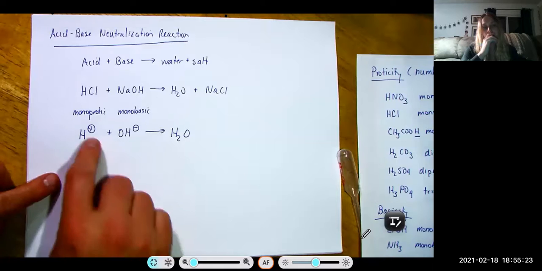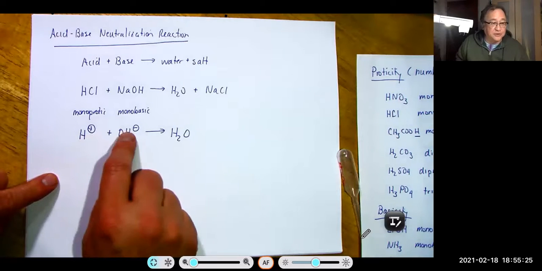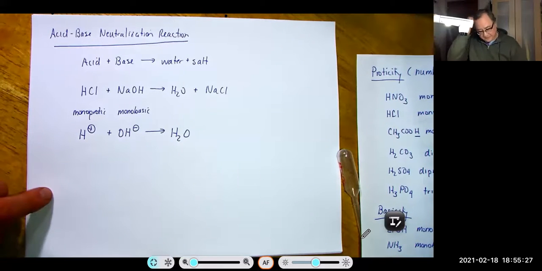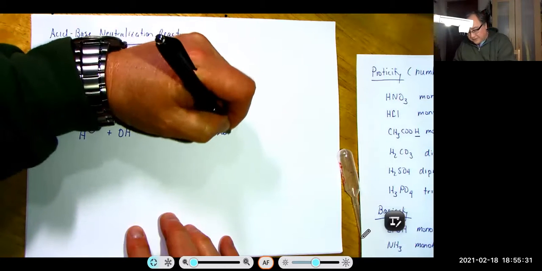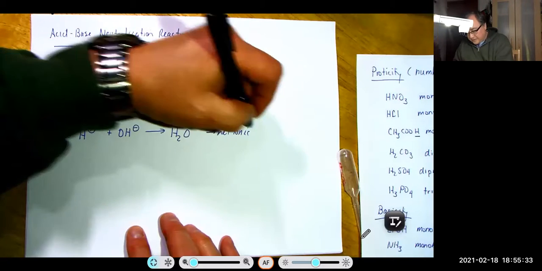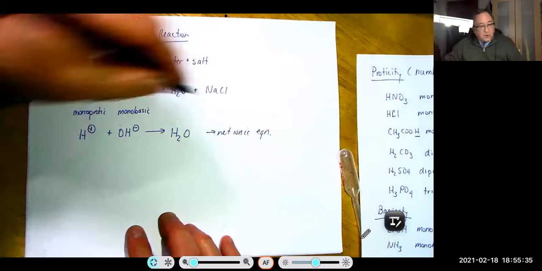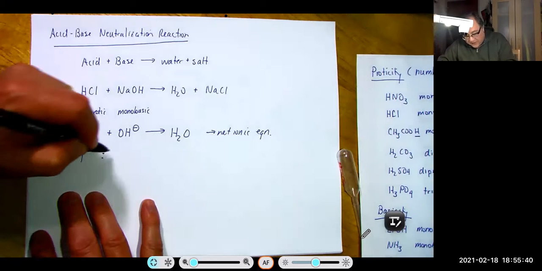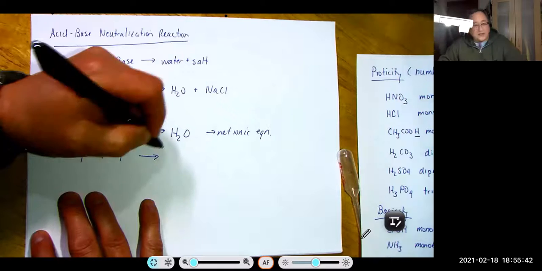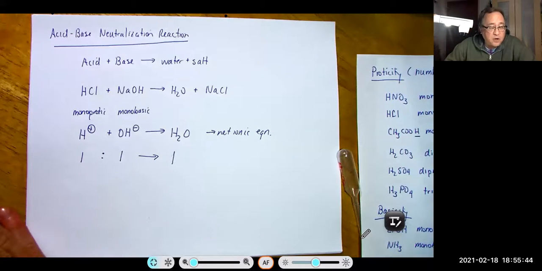And a +1 sign and a -1 sign is neutral. So this is what we often call a net ionic equation. But the most important thing here is that the ratio is 1 to 1 to 1. One proton reacts with one hydroxide to give you one water.